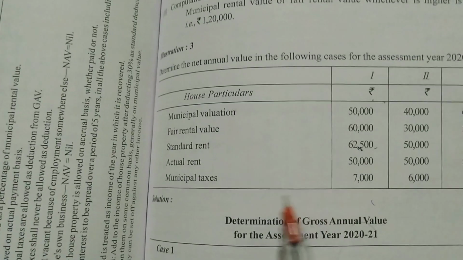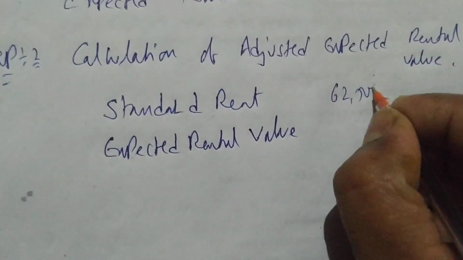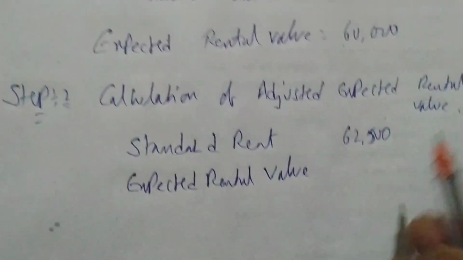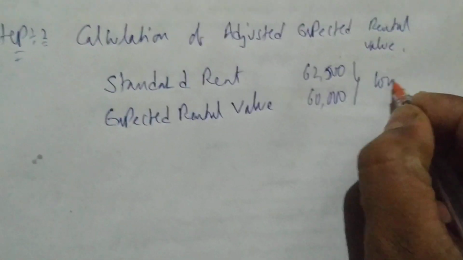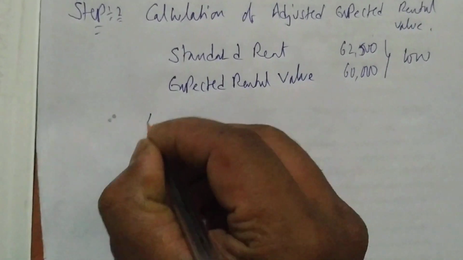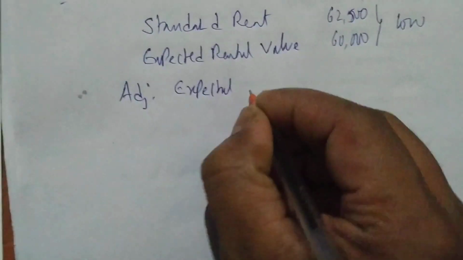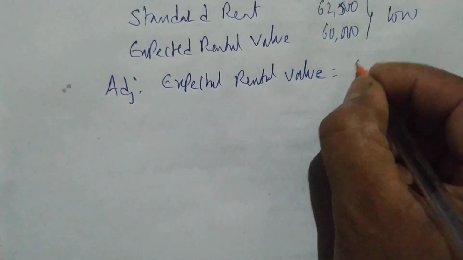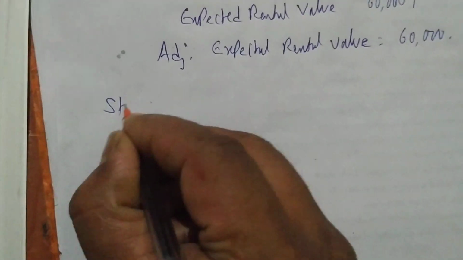Standard rent is given in the question. How much is this? 62,500. And we write the expected rental value from step number 1, which is 60,000. So whichever is low. What is low between the two? 60,000. So our adjusted expected rental value is 60,000.